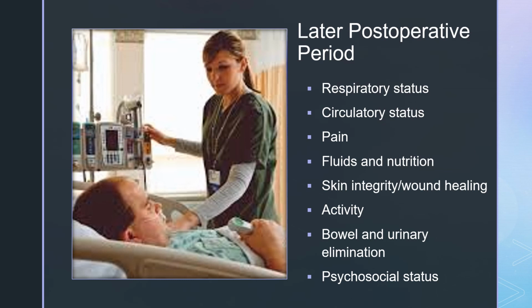There are several different things that we can do to help encourage that elimination. Encourage fluids, running water in the sink, pouring warm water over the perineum, giving the client privacy, allowing them to actually sit on the toilet or stand at the bedside can also be beneficial. But we do realize that some of the anesthesias or the opioids can cause urinary retention.